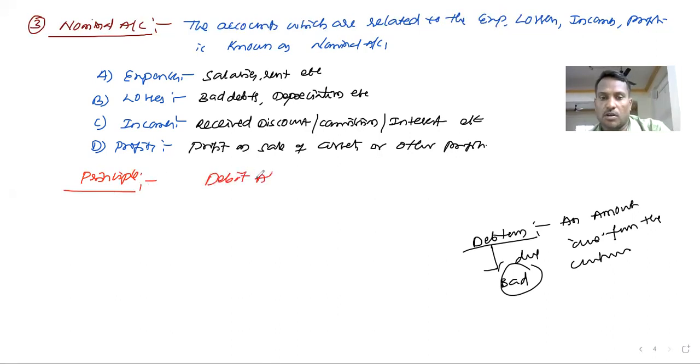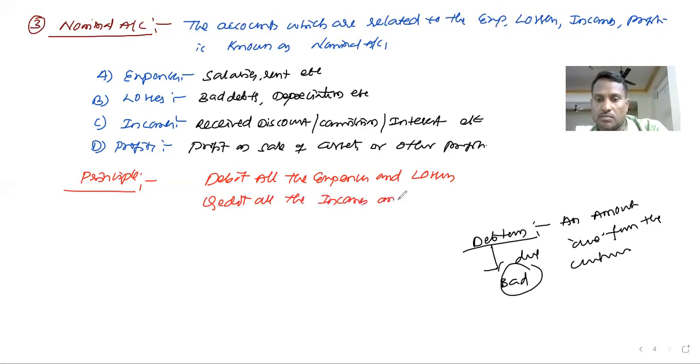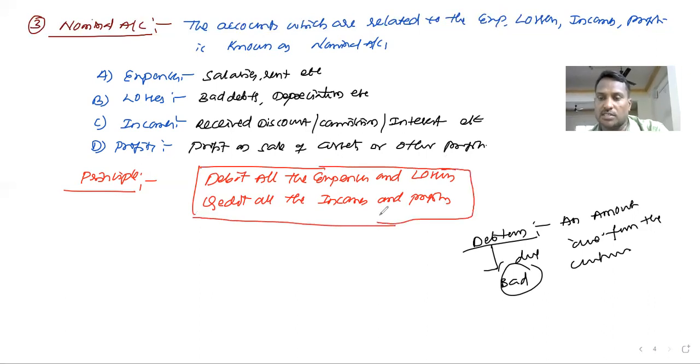Debit all the expenses and losses. Credit all the incomes and profits. Debit all the expenses and losses, credit all the incomes and profits is the principle of the nominal account.